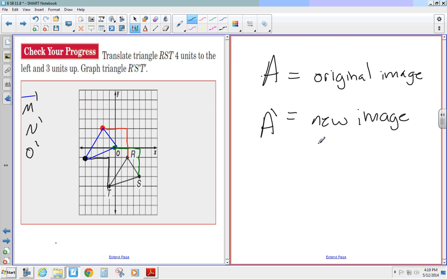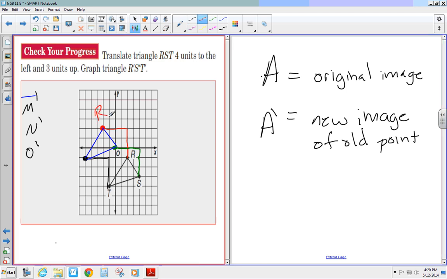New image of old point. So that's where the prime comes from. That's why R right here should be R prime. T right there should be T prime. This right here should be S prime.